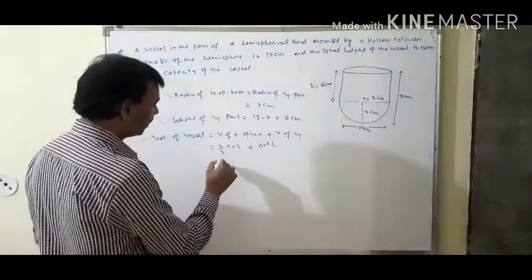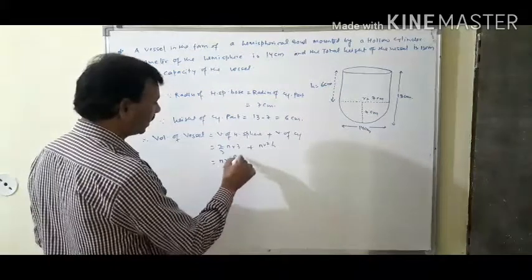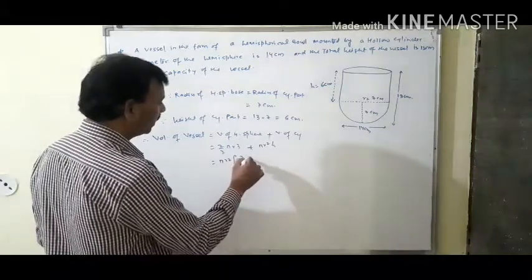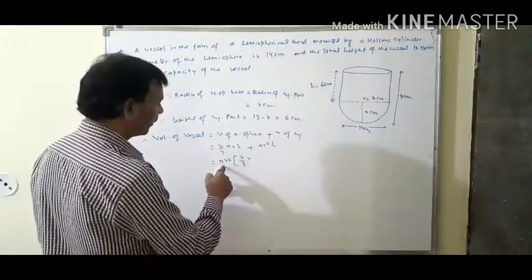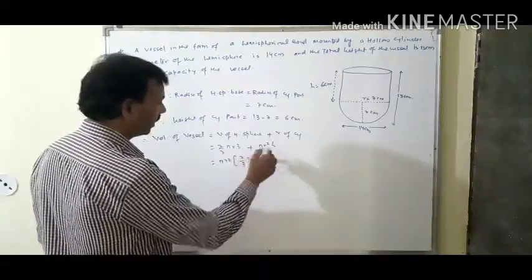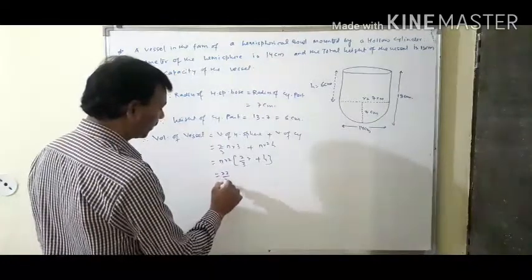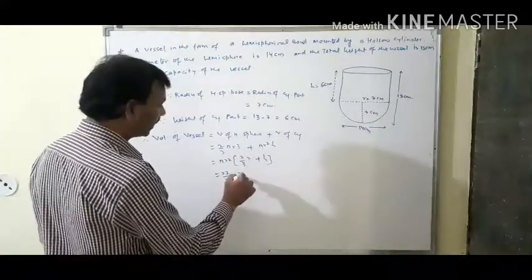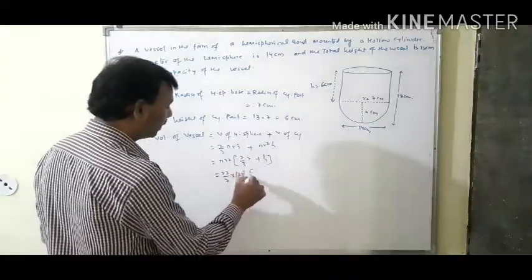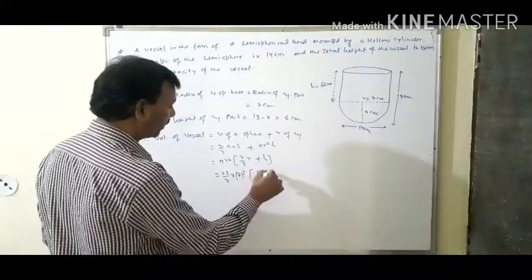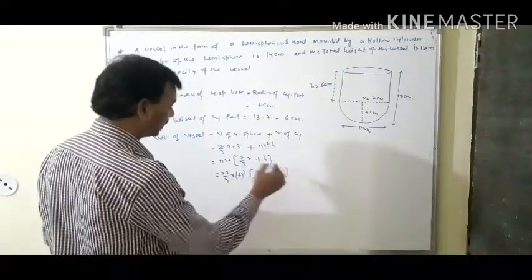Here pi r square is common, then this will be 2 upon 3 r plus h only. Put the value of pi as 22 upon 7 into r is 7 square, into 2 upon 3 into 7 plus h equal to 6.